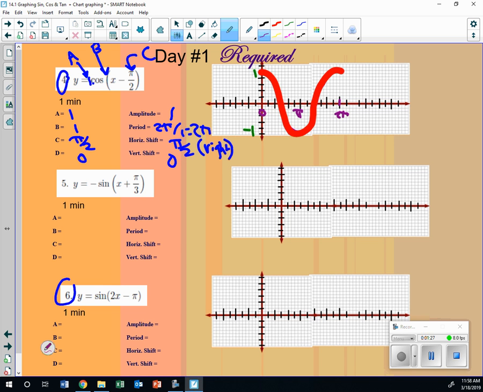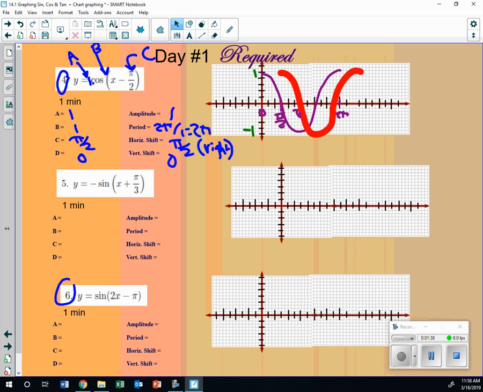So now you're going to see why I like to split this in half, split this in half, so that when I shift this to the right pi over 2, I've already got the numbers listed there, and you can kind of see how that pi over 2 is shifted to the right. That's good enough. You can see that clearly. Make sure you shift it to the right and not to the left.